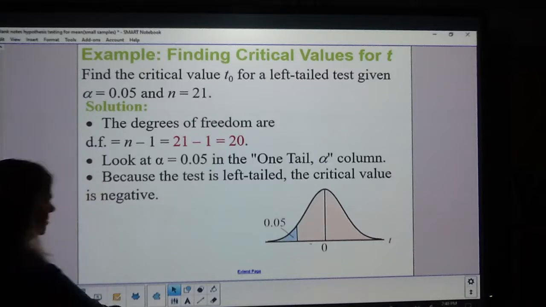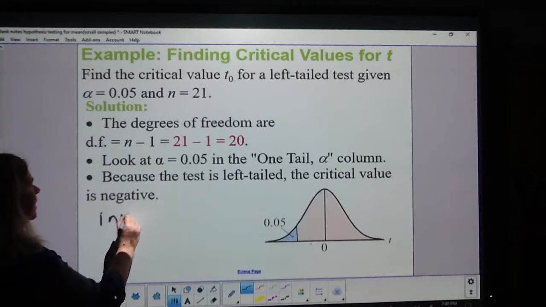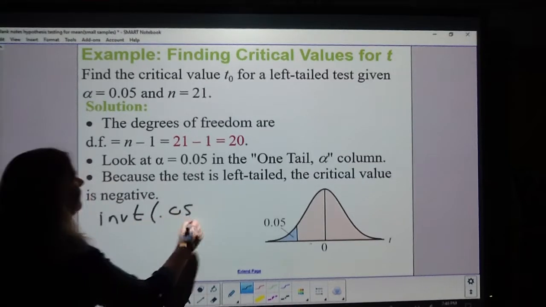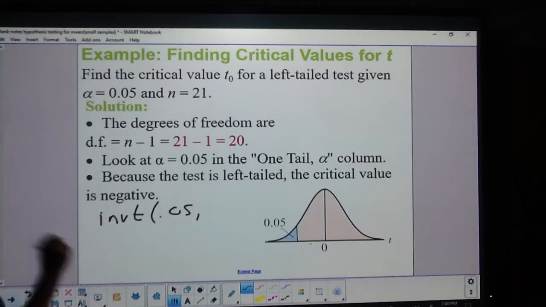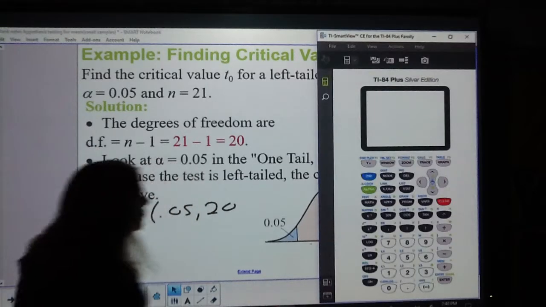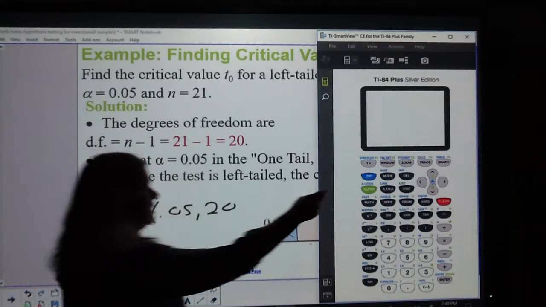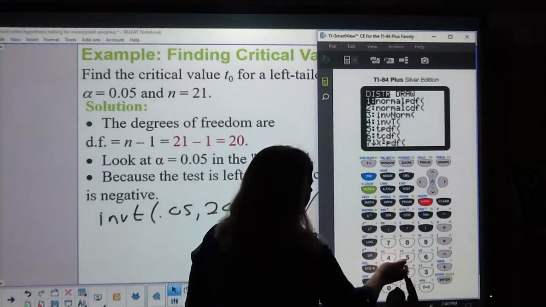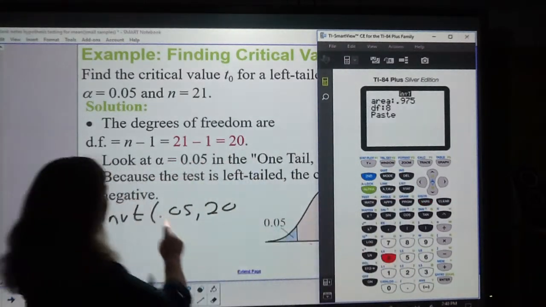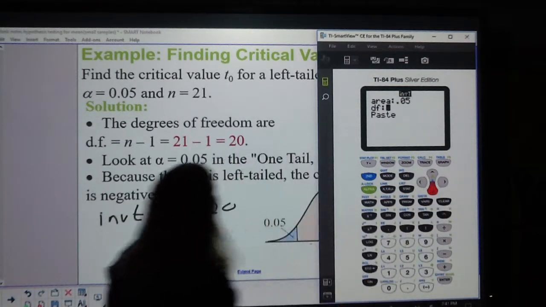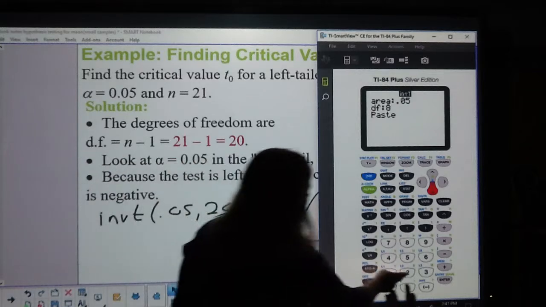In our calculators, you would do inverse t, area to the left is 0.05, and I believe it asks for degrees of freedom. Let's pull up our calculator and see if that's what it asks for. So there's my calculator. Inverse t, so second, distributions, inverse t, area 0.05, degrees of freedom 20.